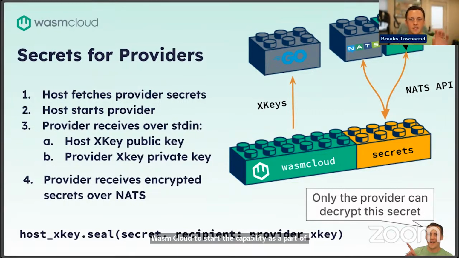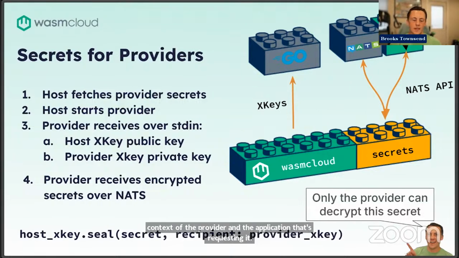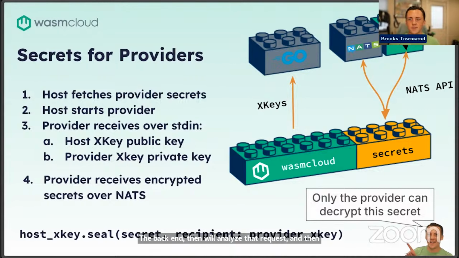So wasmCloud sees the specification that you've laid out for the secret, and it will send a request to the secrets backend that you have configured with the context of the provider and the application that's requesting it. The backend then will analyze that request and then allow the secret to be sent back encrypted over NATS. And then the host will actually start the provider along with two opposite pieces of a key pair.